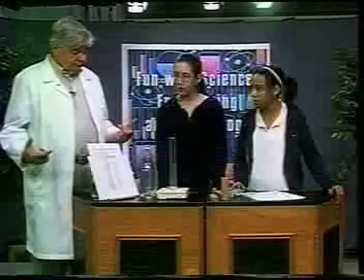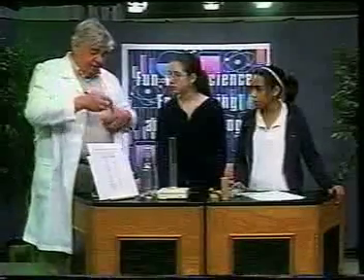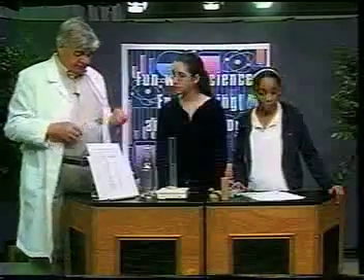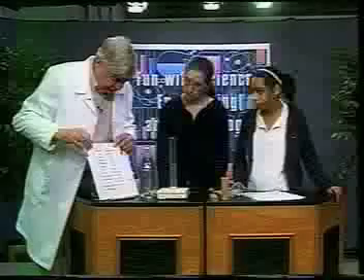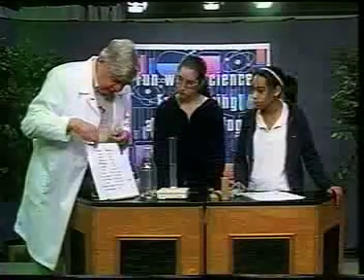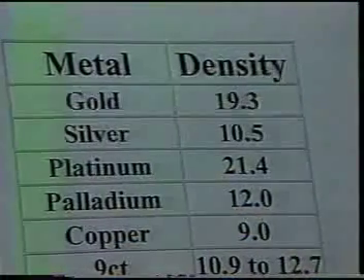Now, then we did the cartouche, which I put in my pocket. That's supposedly gold, and what did we come up with? 9. All right, well, here's gold. Pure gold is 19.3 for density.